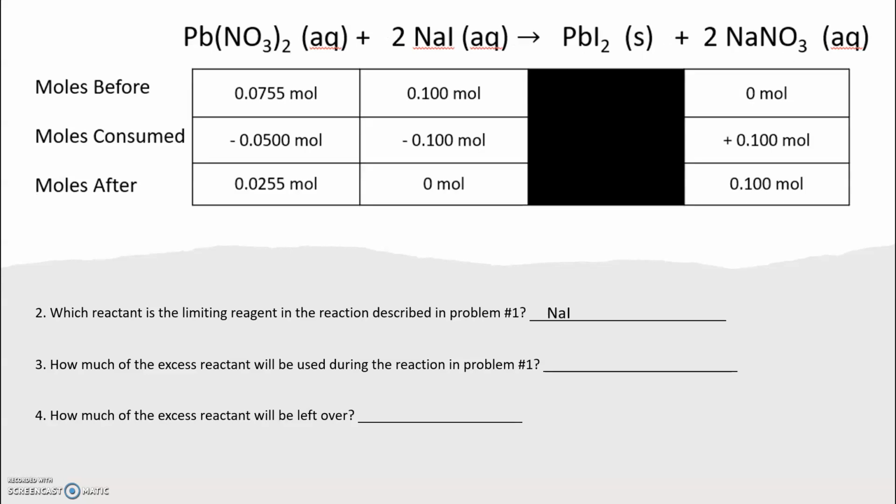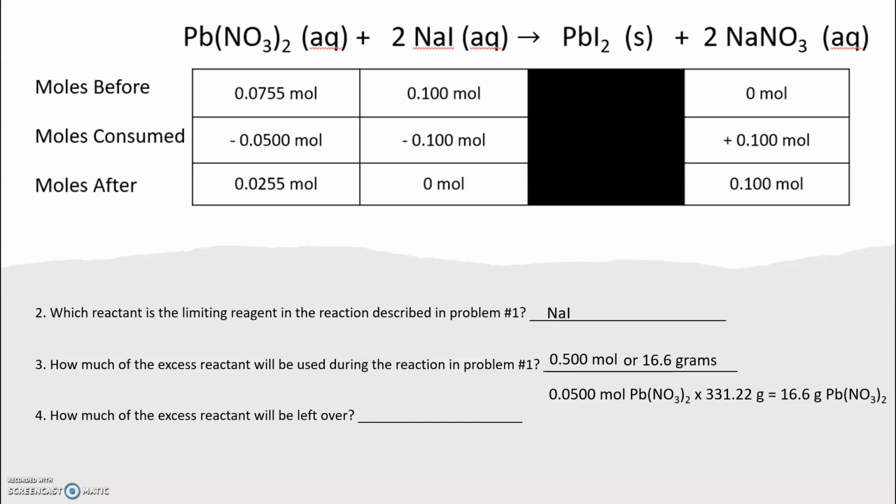So we can go ahead and list that here. We have 0.0500 moles. If we want to also write that in terms of grams, we could. We'll take our number of moles of lead nitrate and multiply by the molar mass, which is 331.22 grams, and that would show that we have 16.6 grams of lead nitrate that are being used up in the reaction.